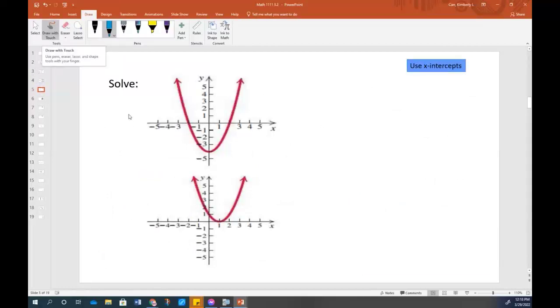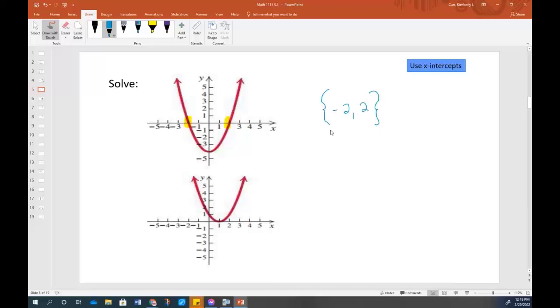Okay, now if we're looking at a graph, it is actually much easier provided that you can tell where the graph crosses the x-axis. So yay for this, I can see right here and right here. I have 2 places where that graph crosses the x-axis, and that's at -2 and 2.